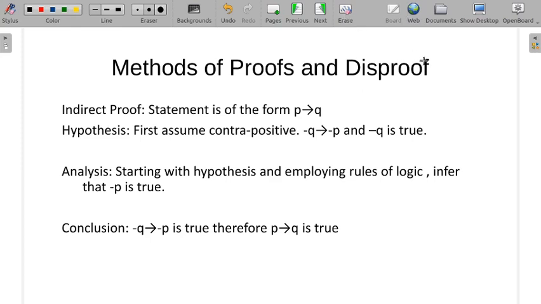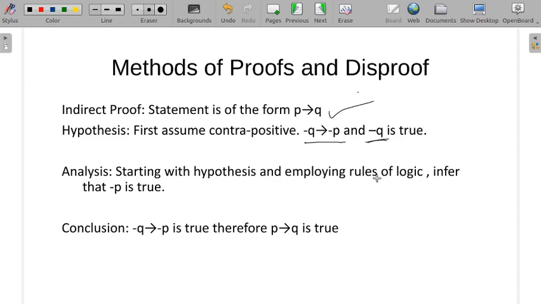So now what will we do? That statement will be of the form p conditional q. We know that a conditional and its contrapositive are logically equivalent. That's why we will take the contrapositive. Assume that negation q is true.